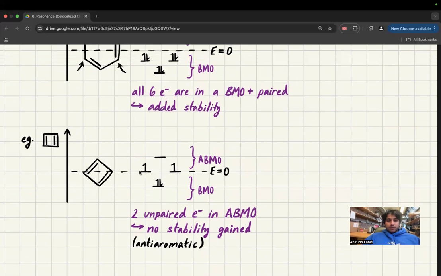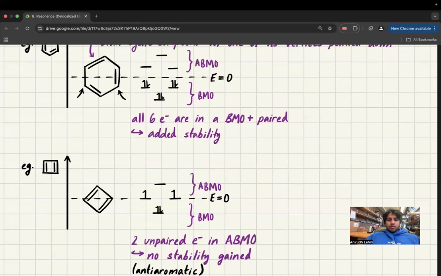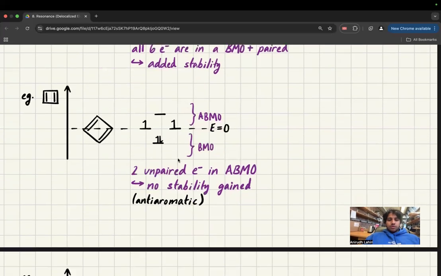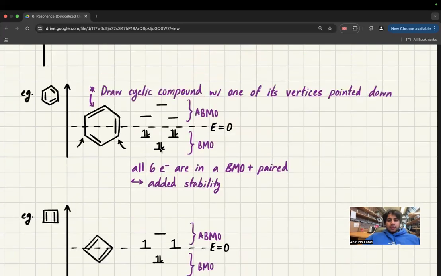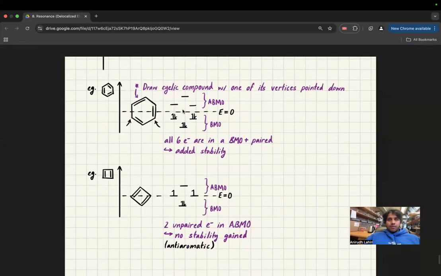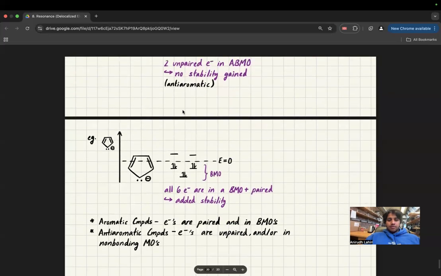You can see that because if they're on the line, they're considered anti-bonding. These ones are below the line, so they're considered bonding molecular orbitals. So no stability is gained here. This is anti-aromatic. Stability is gained here. This is aromatic. This is the orbital representation of why we have aromatic and why we have anti-aromatic.